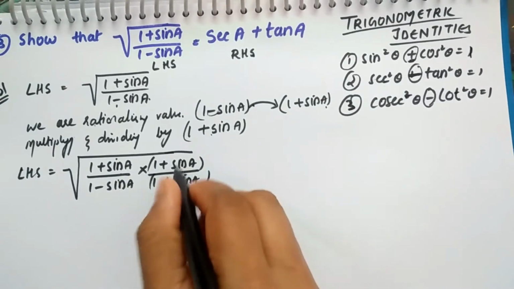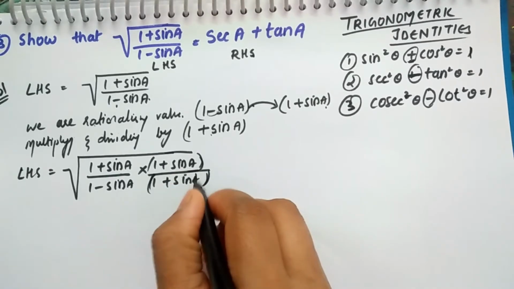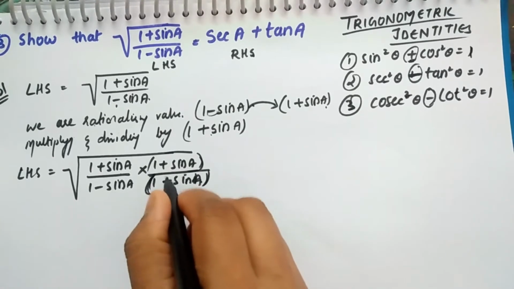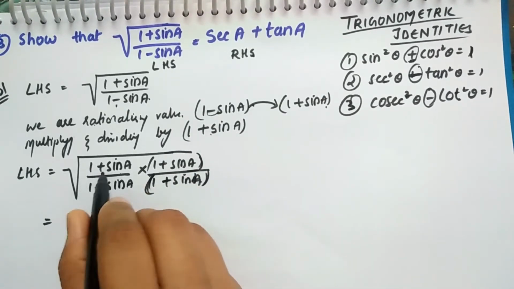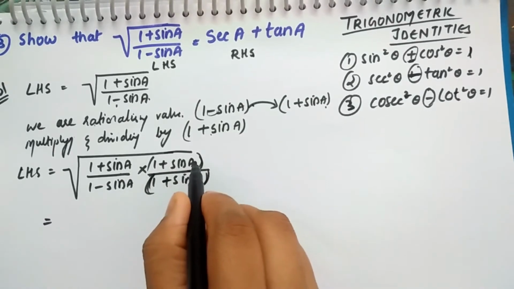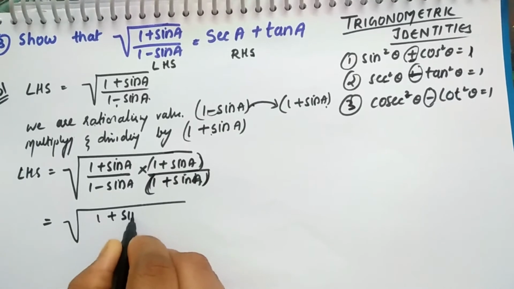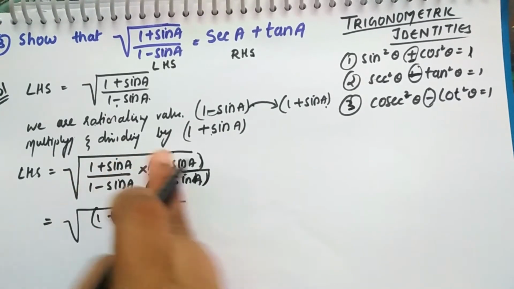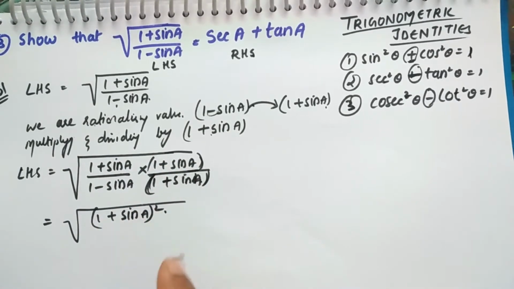The value will be the same, obviously, since we multiply and divide by the same number. So now, the numerator is (1 plus sine a) into (1 plus sine a), which is nothing but (1 plus sine a) the whole square, under the root.